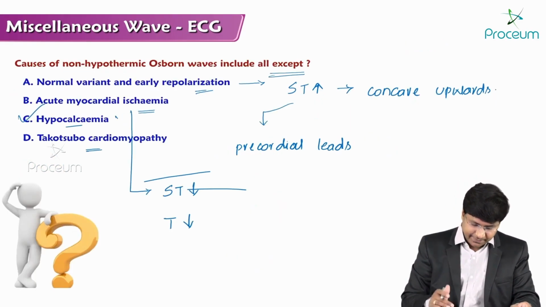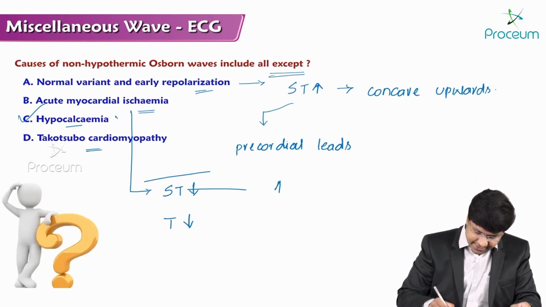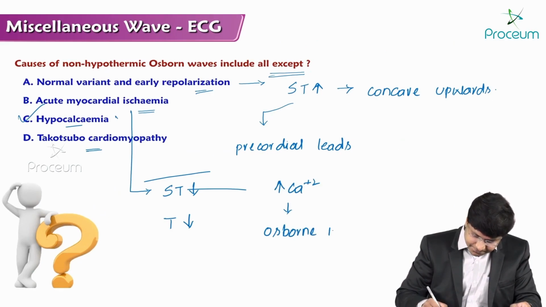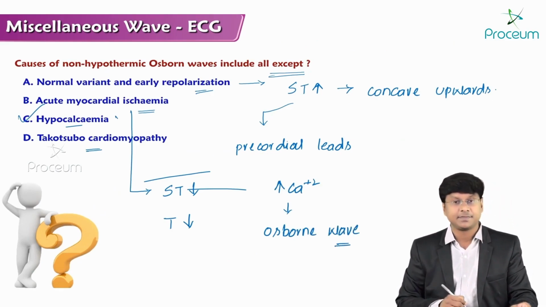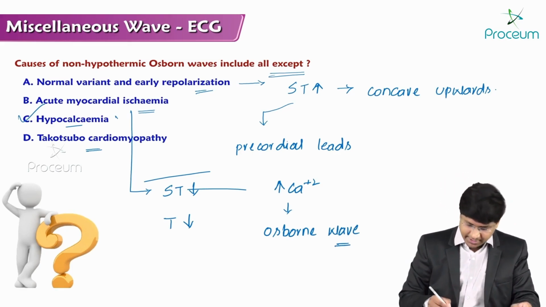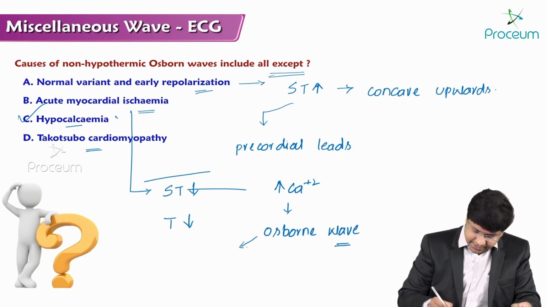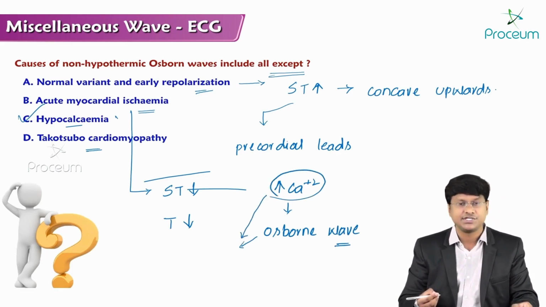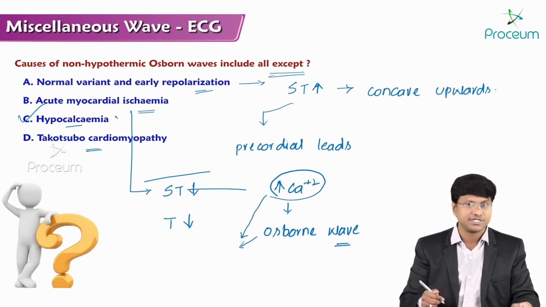Whereas in patients with hypercalcemia, you will have the presence of the Osborne wave or the J wave. Now, the next important point is, in hypercalcemia, what are the other ECG changes apart from the Osborne wave or the J wave?